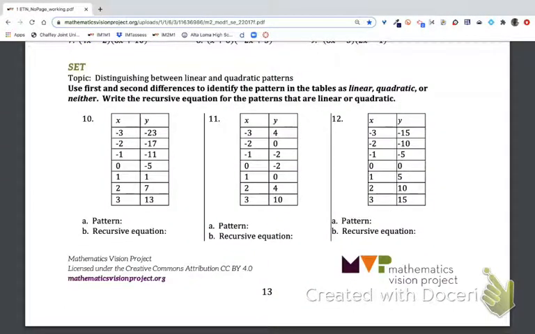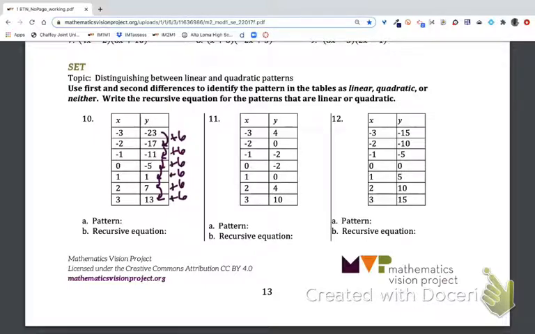For the set portion, this is what we were talking about in the lesson itself. We can see that there's a pattern that is forming each step of the way. In order to get to each next step, I'm adding 6 to the previous term. Okay? All the way down.